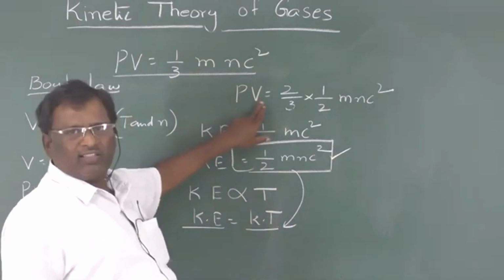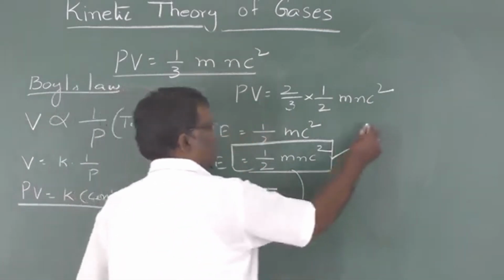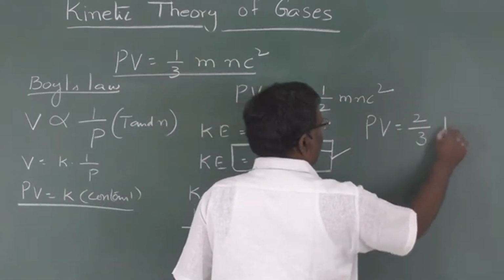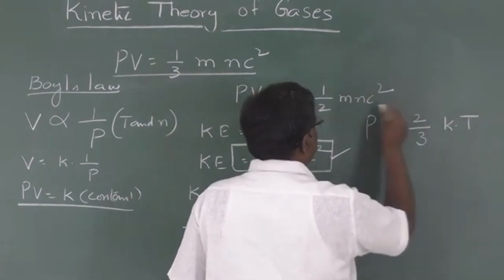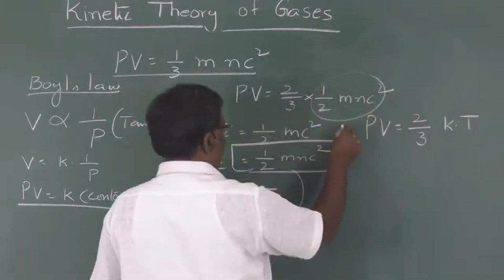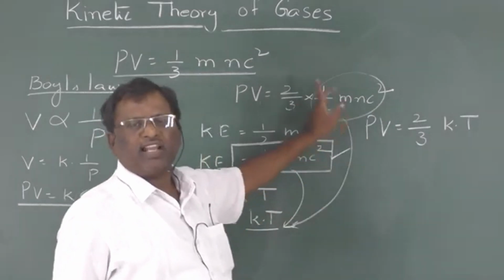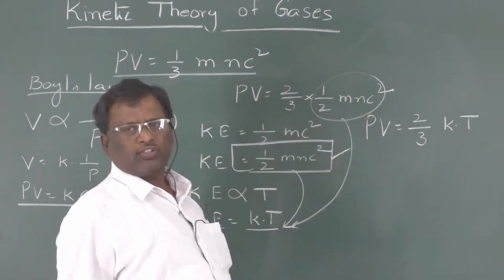Now we can rewrite this kinetic gas equation as PV is equal to 2 by 3 into K into T, because half Mn c square is the kinetic energy of n molecules.